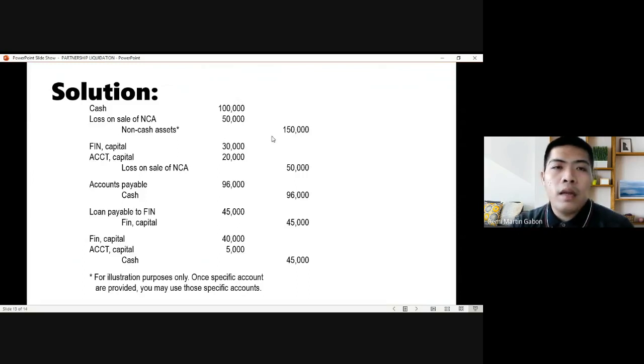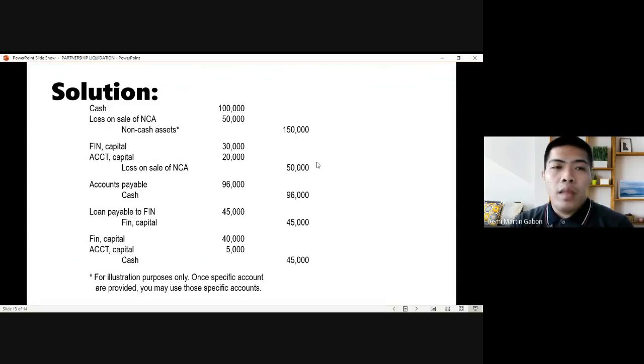Then afterwards, the distribution of the loss on sale of non-cash asset: debit Fin Capital, then debit Act Capital for the respective share, 30,000 and 20,000, then credit loss on sale of non-cash asset, 50,000.